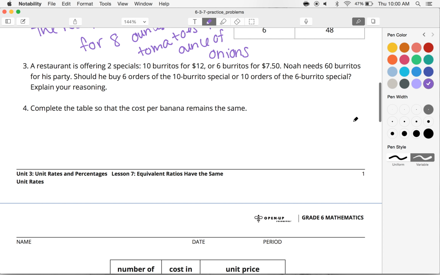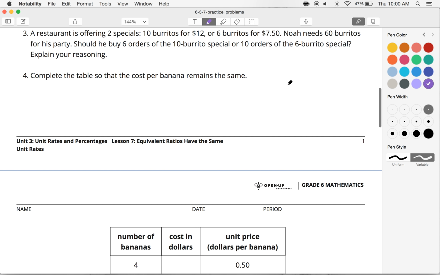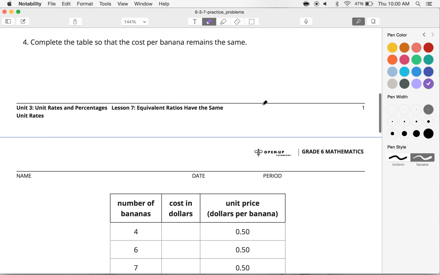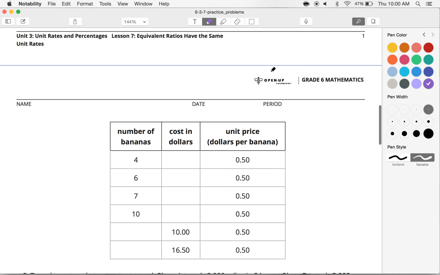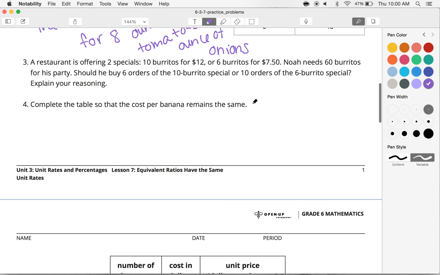A restaurant is offering 2 specials, 10 burritos for $12 or 6 burritos for $7.50. Noah needs 60 burritos for his party. Should he buy 6 of the 10 or 10 of the 6 burrito special? Explain your reasoning, and they tell us to complete the table. Oh, I'm sorry, that's a different problem. We're completing the table for a different thing.